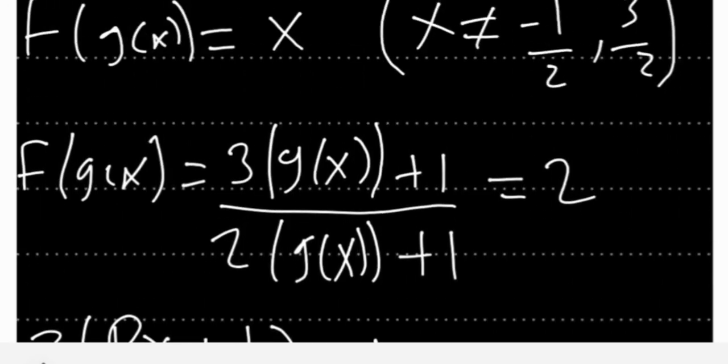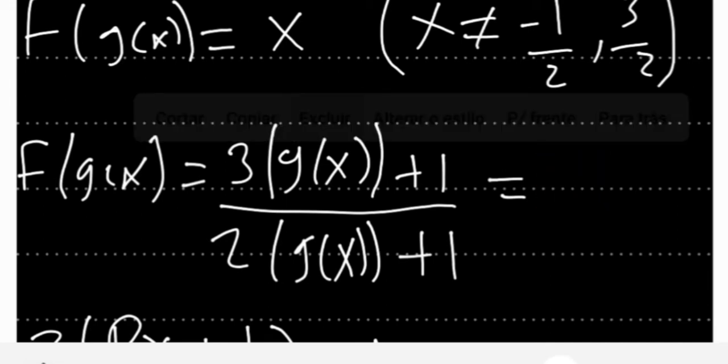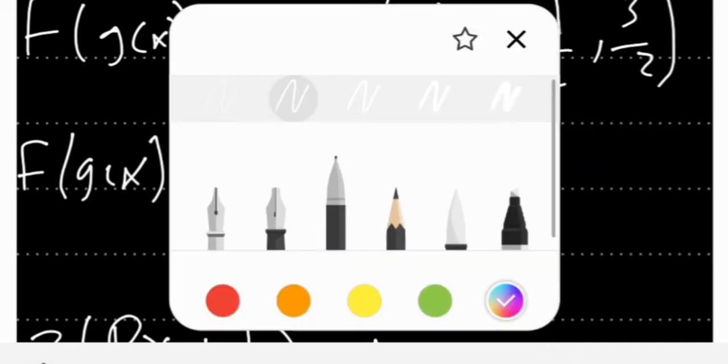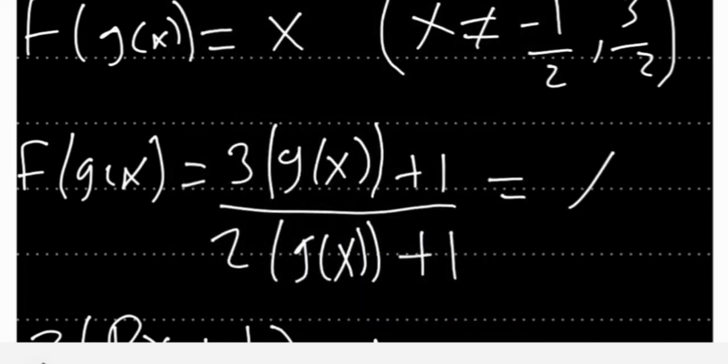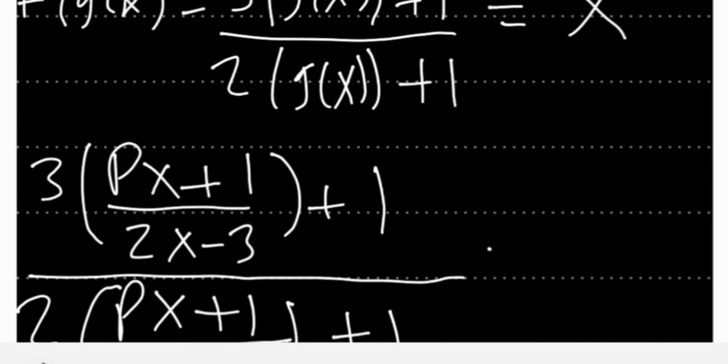Here it's not 2, he's telling us that it is equal to x. I don't know why I wrote 2 over here. This is x.